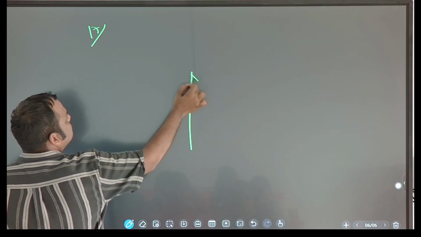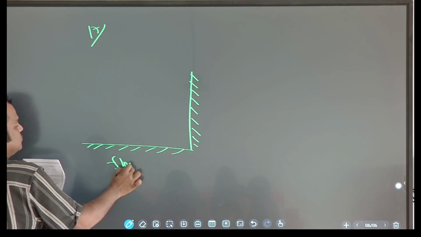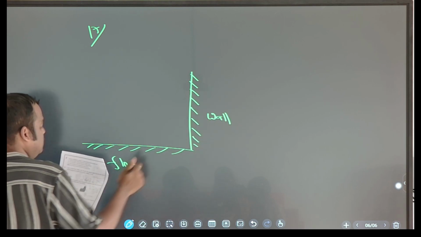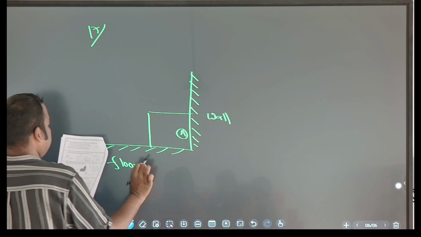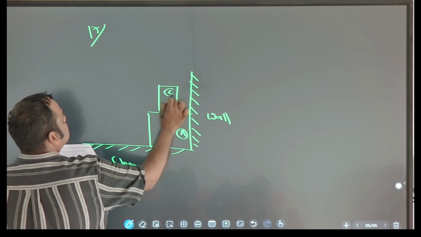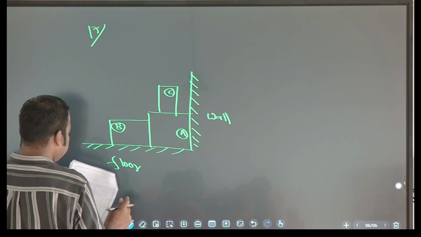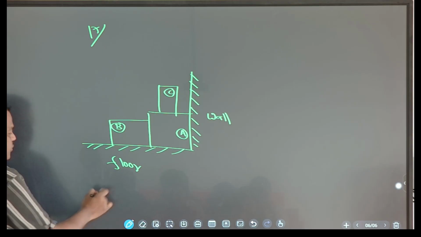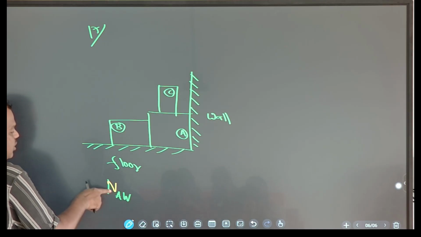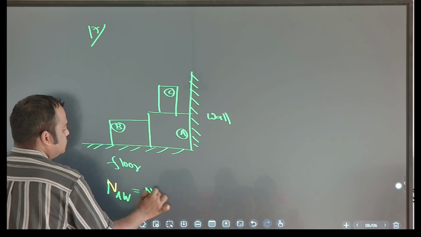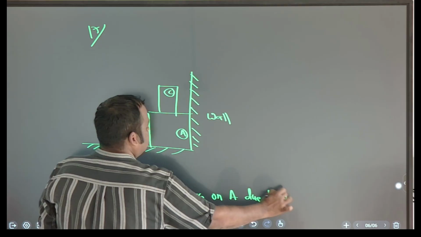So this is the wall, this is the floor, now this is block A, this is block C, this is block B. So you have to find the normal force on A due to the wall.